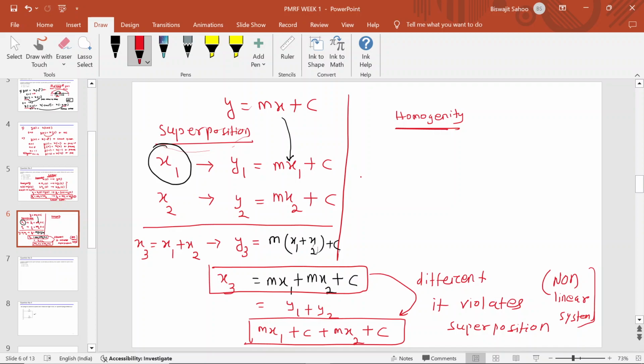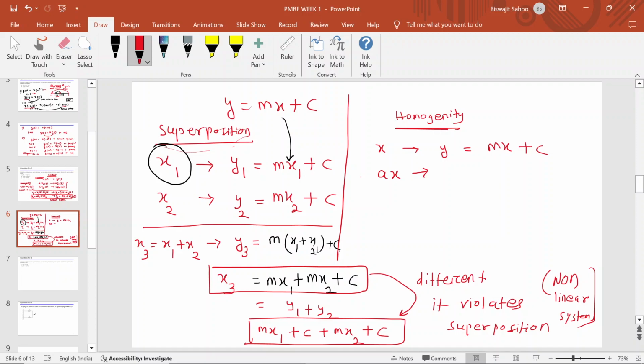But if one person is also checking, let me say how we apply homogeneity here. Let's say x gives you y equal to mx plus c. Now you multiply a constant here, ax.